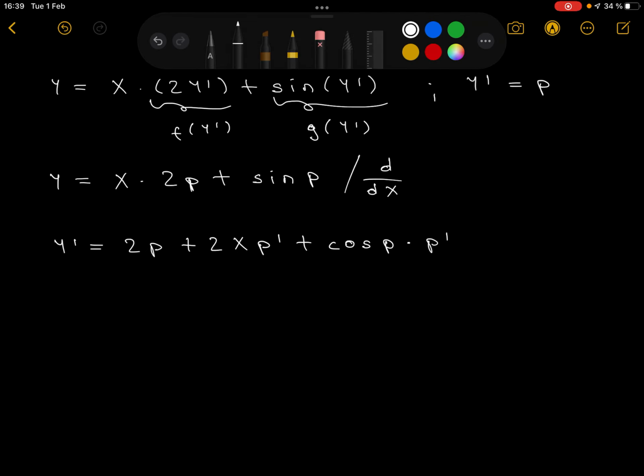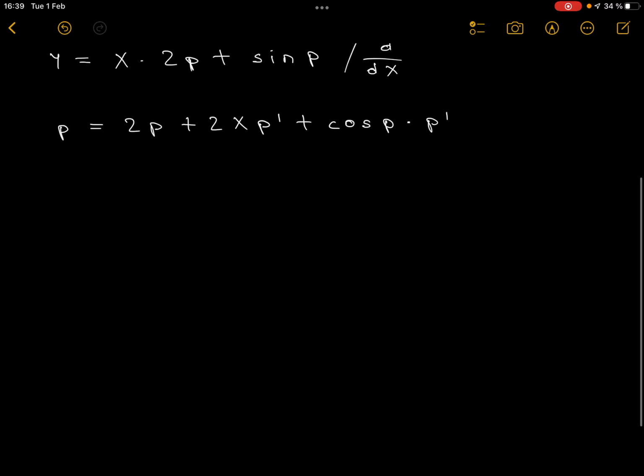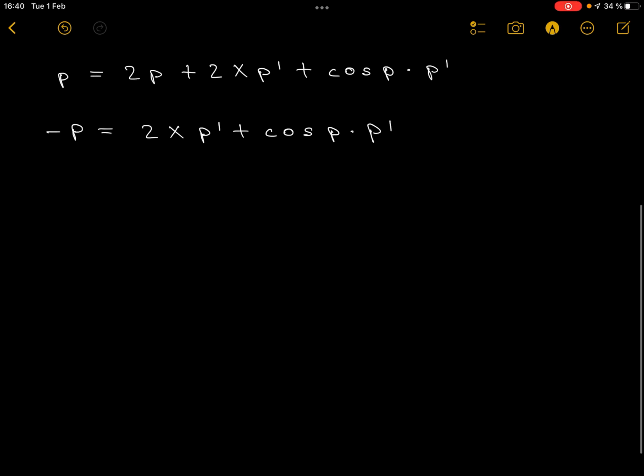Now remember that we said that y prime is equal to p, so instead of y prime here, I'm just going to rewrite it as p. So what we've got now is that minus p is equal to 2x p prime plus cosine of p times p prime.